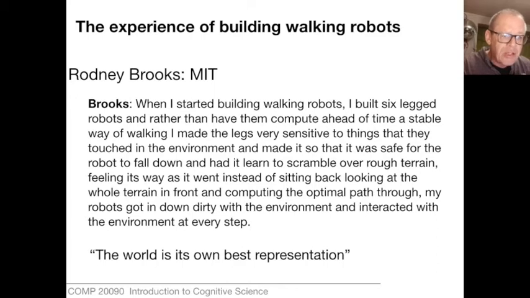My robots got down and dirty with the environment and interacted with the environment at every step. What he found was that the manner in which the computational turn encouraged people to think about what the brain-body-world relationships were proved to be unhelpful in robotics.